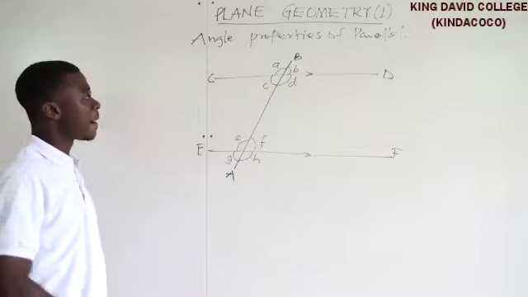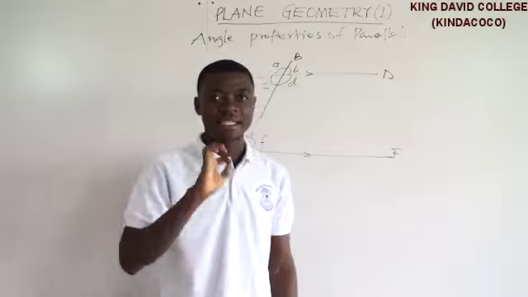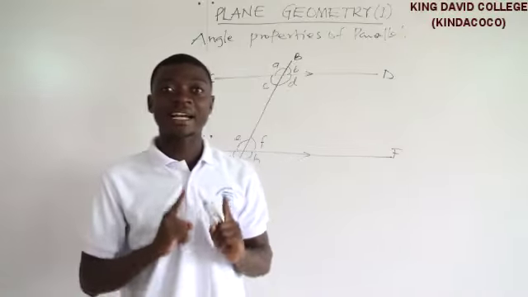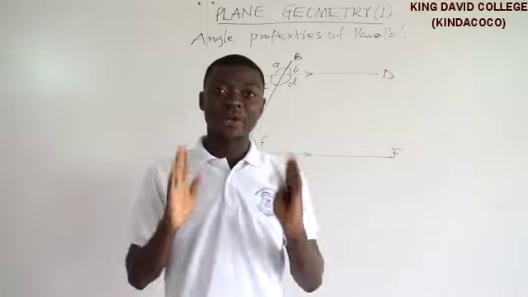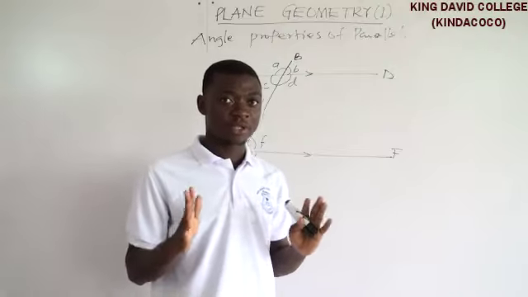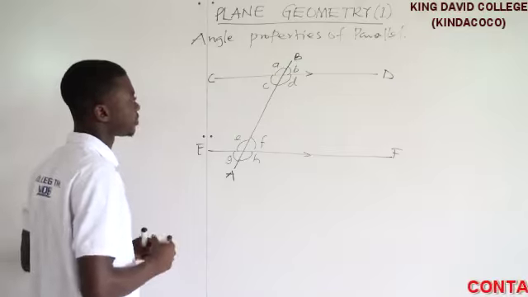Very well. Provided we are sure that CD and EF are parallel, then the angles from A to H are going to have certain relationships, which we are going to establish. So what are the relationships?